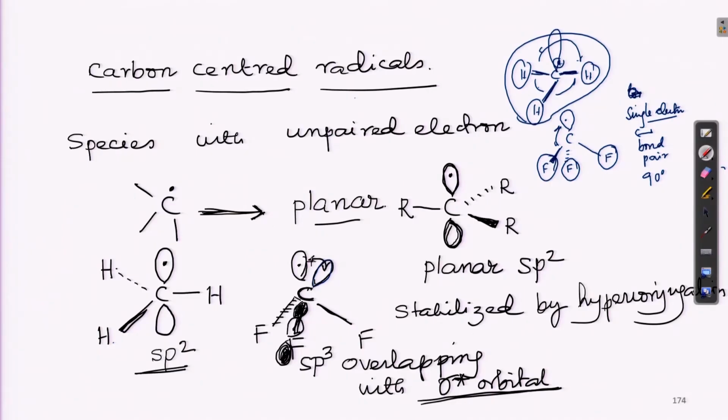So, now there could be a conjugation possible between this radical and this antibonding orbital of the CF bond. There are 3 CF bonds like that. Okay. So, that can give additional stability if you can have this pyramidal geometry.